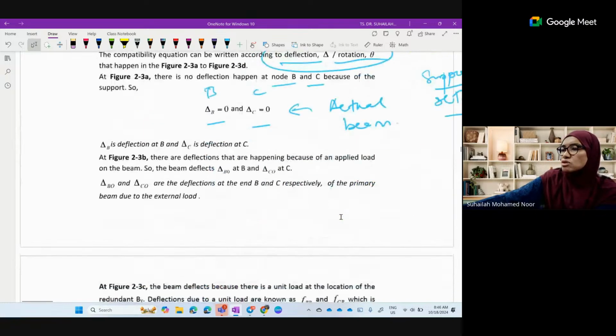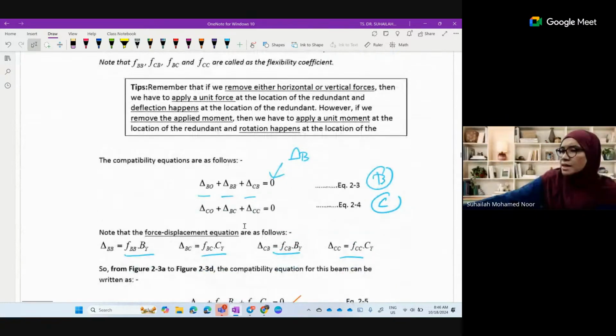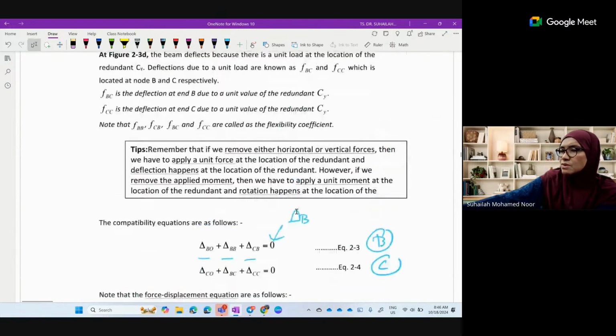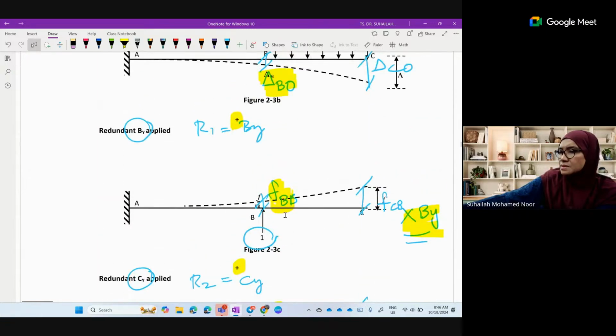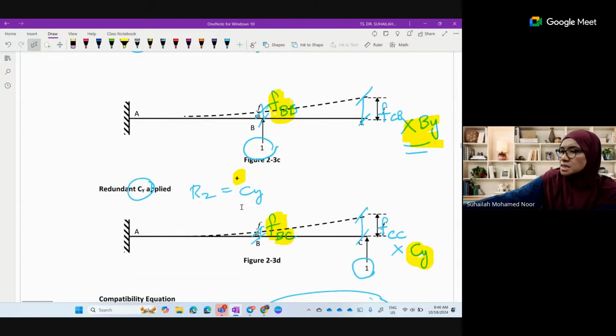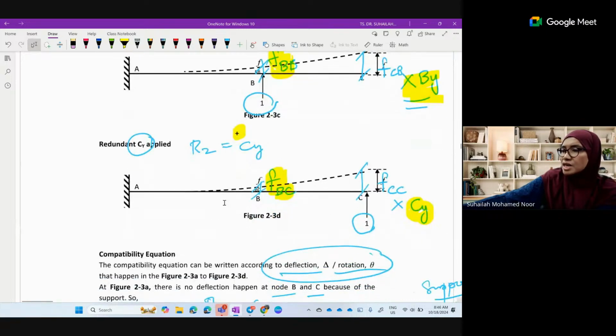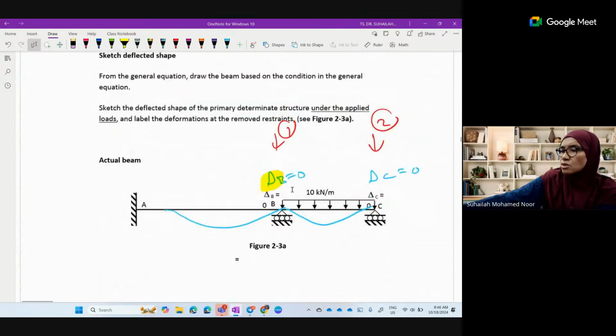Tapi kita tak nak tulis banyak kali kan. Ini sebab saya explain the real concept first, then baru kita tukar jadi ni. Tapi for your solution later on terus je macam ni kan. FBB times BY plus FBC times CY, equal to 0.